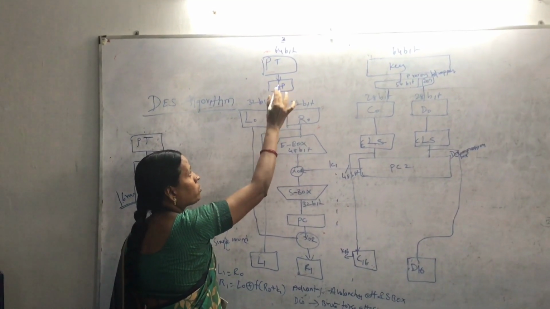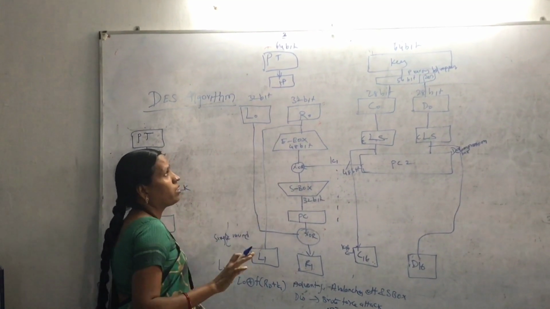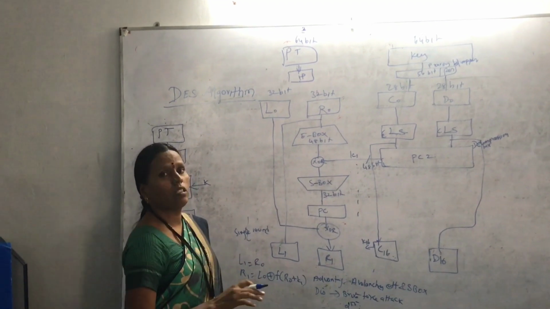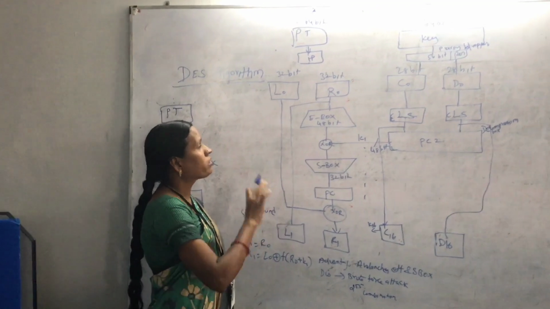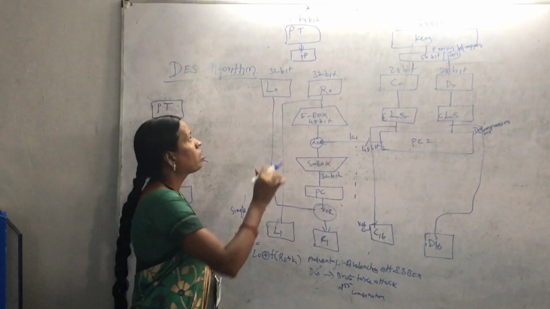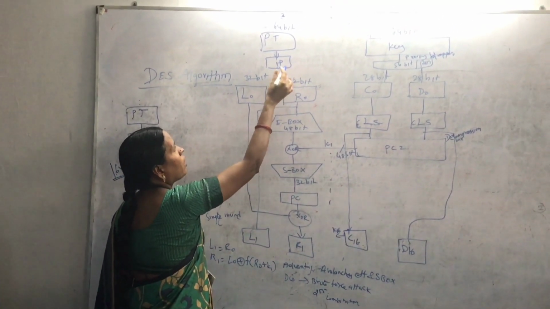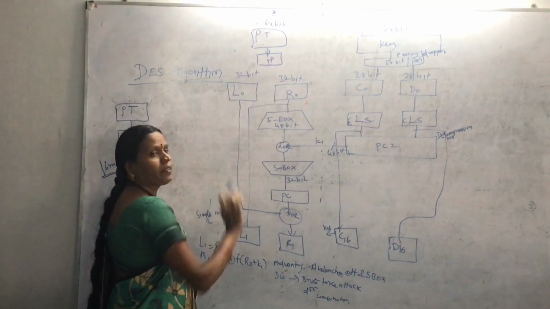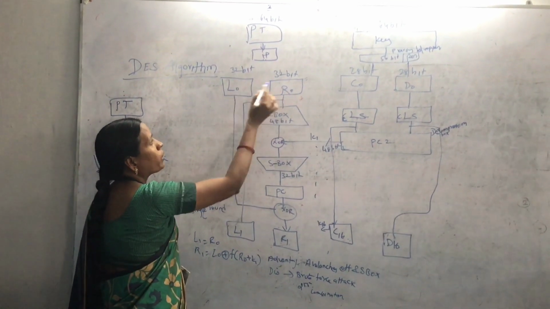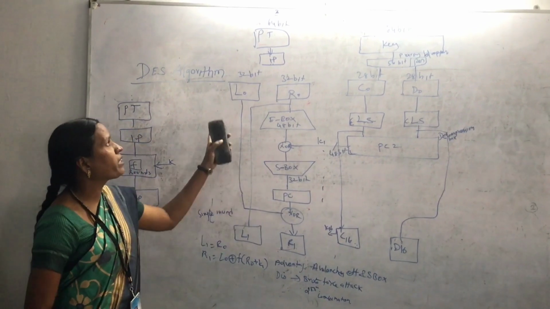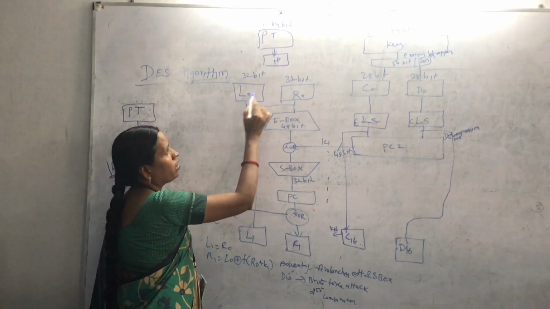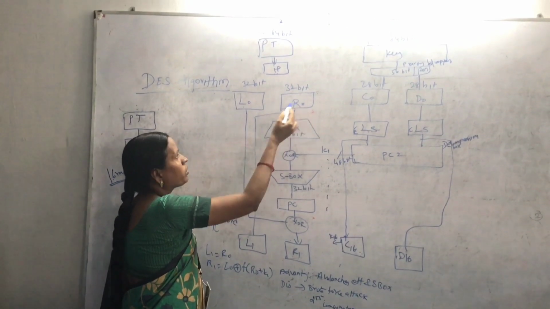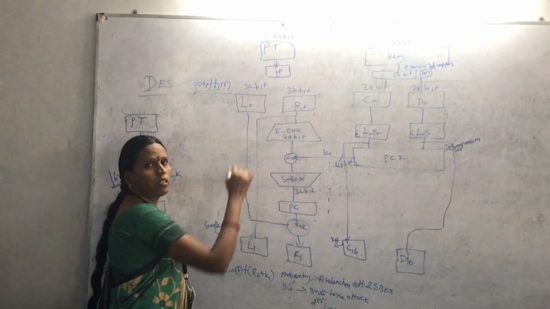In the permutation, we do not delete, insert or replace any elements, but we only change the bit positions. After the permutation is applied to the plain text, it is divided into two equal parts: 32 bits left and 32 bits right. These are taken as L0 and R0.